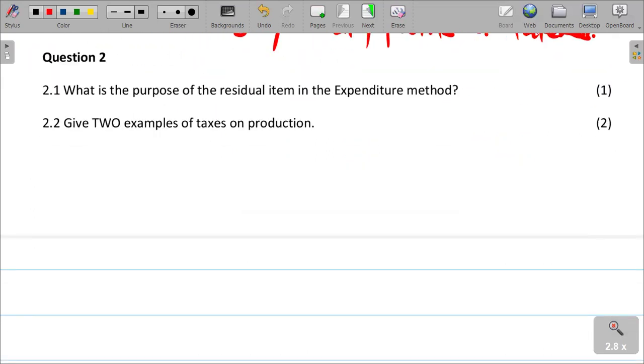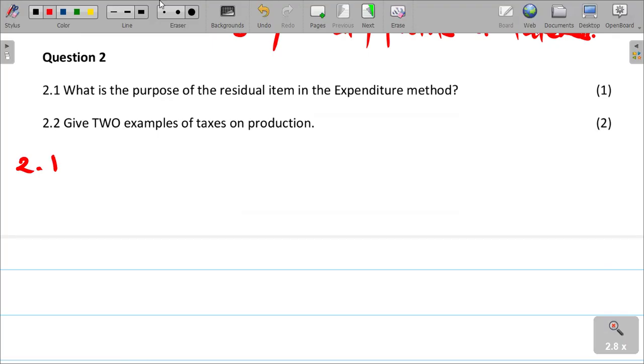And then question number 2, it says, what is the purpose of the residual item in the expenditure method? We talked about different methods of calculating GDP.